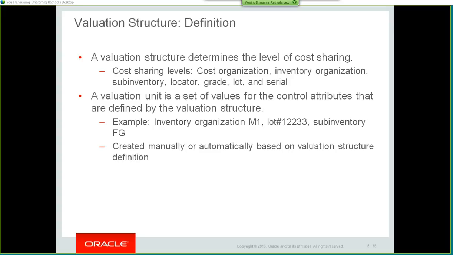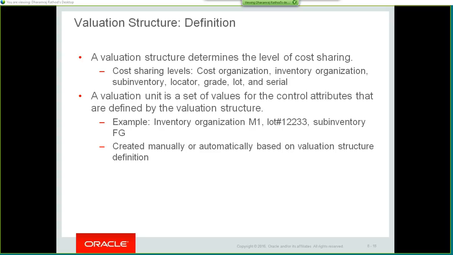It could be at the organization level. It could be organization and item level. Maybe the inventory organization you want to share. You define the valuation structure at that level, or you may have certain items which you control at the lot level. So certain items are lot controlled.